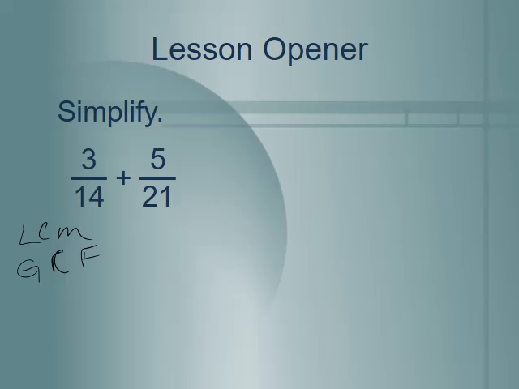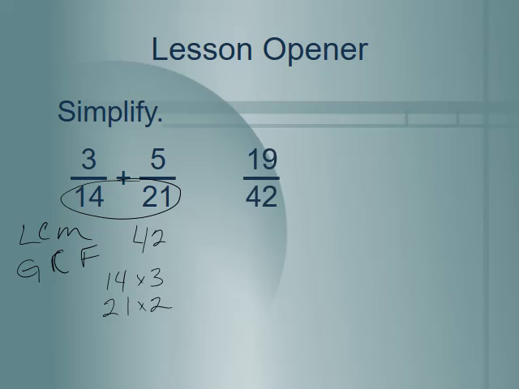We could use either way to figure out our least common denominator. I believe that our least common denominator is going to be 42. Because 14 times 3 is 42, and 21 times 2 is 42. So when we solve this problem, we end up with 19/42.